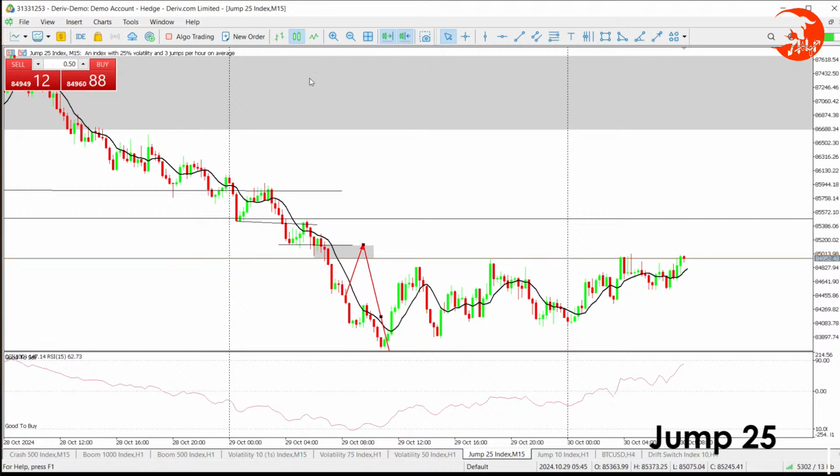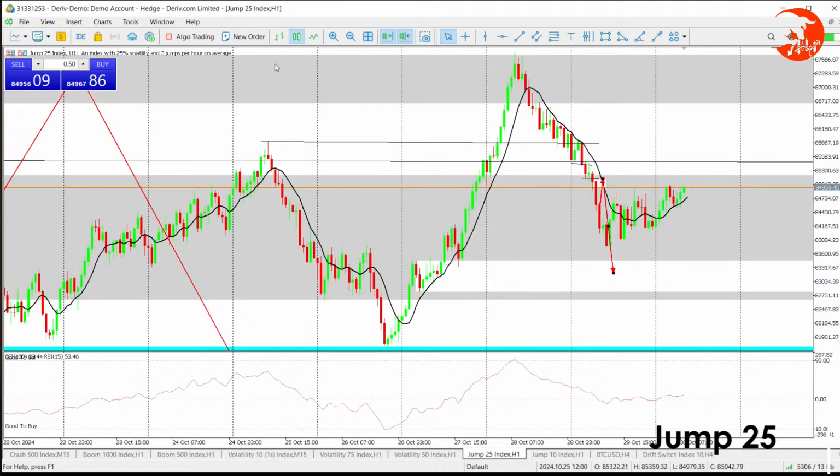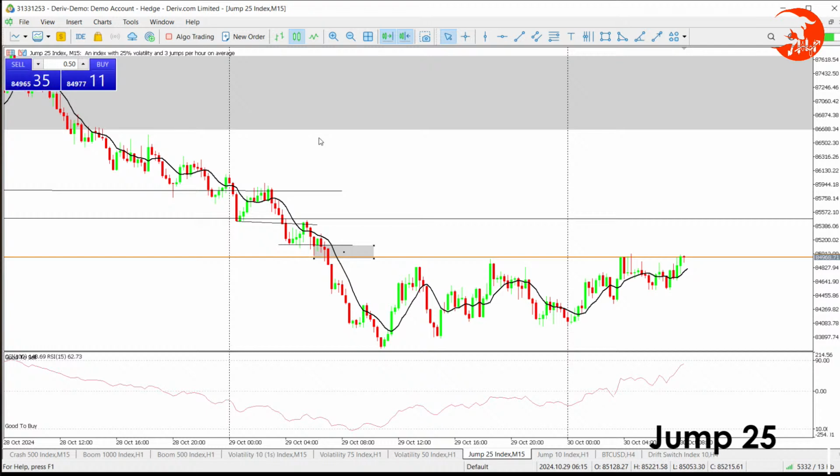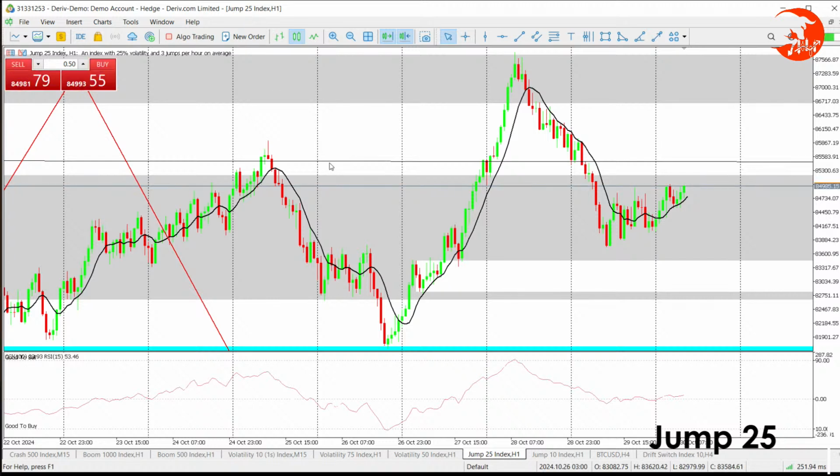So what do we do? Go back to H1, delete this, delete that. Should I delete that? Yeah, I can delete it. Now if I have that, then I know that I have an order block here that the price is probably coming to.